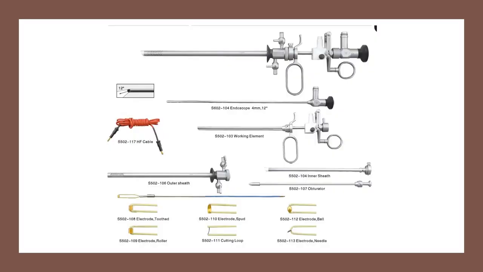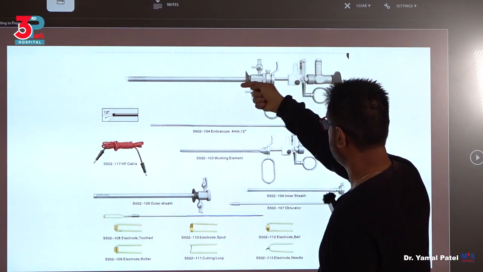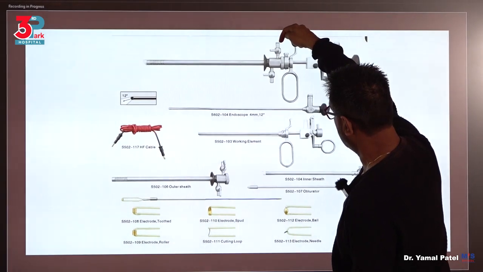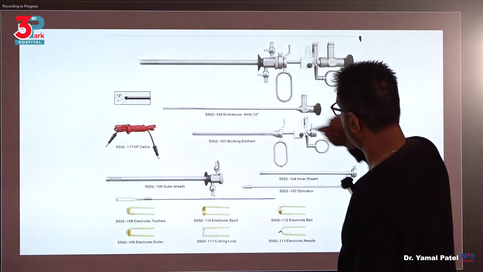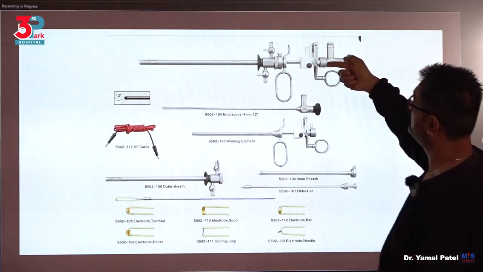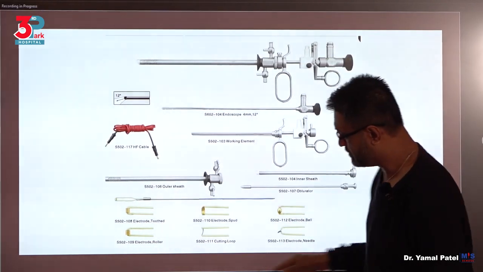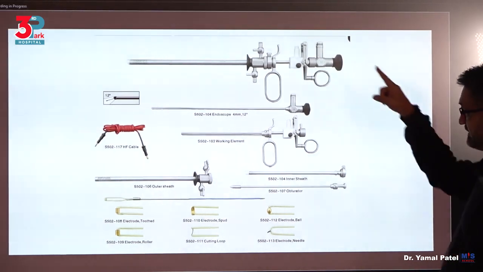So this is what we were talking about. This is the full hysteroscope that has your scope with its light adapter. This is the resectoscope, sorry. It has the handles with the inner sheath and the outer sheath. Then you have the fluid in and the fluid out. You will also have the loop, which is the working element inside here.